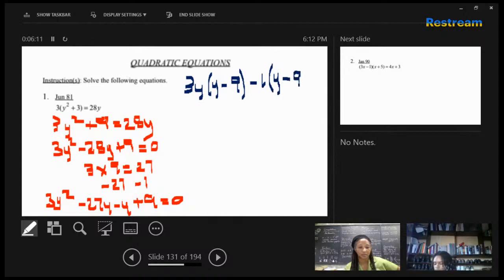We're going to make them equal to 0 now. So 3y minus 9 in one bracket, and y minus 9 in the other bracket. Sorry, it's a 1.